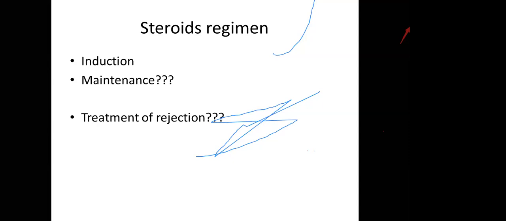There are multiple regimens. The most important side effects of corticosteroids are post-transplant diabetes and osteoporosis. So multiple regimens started to avoid corticosteroid, and the result was very bad.